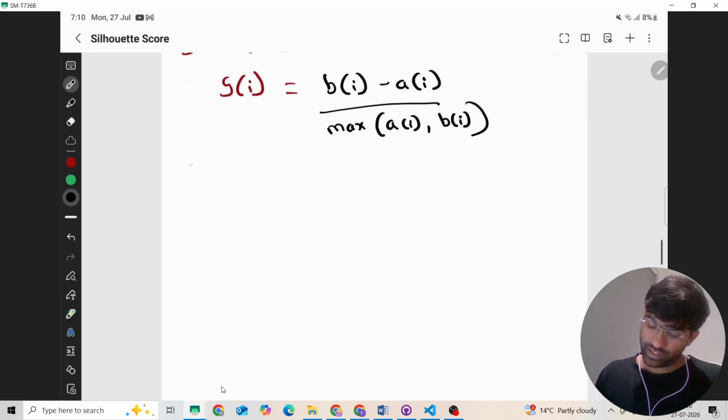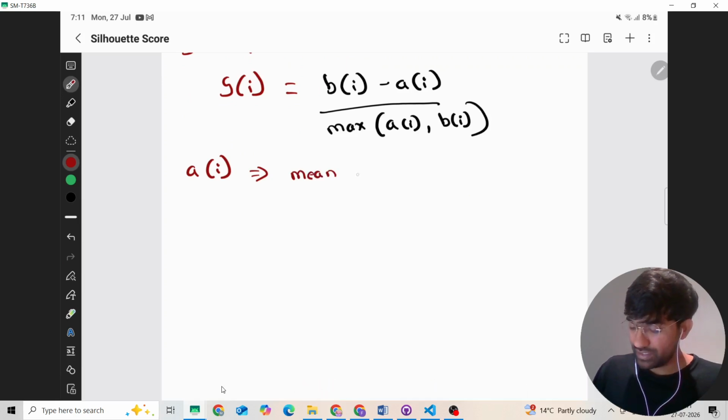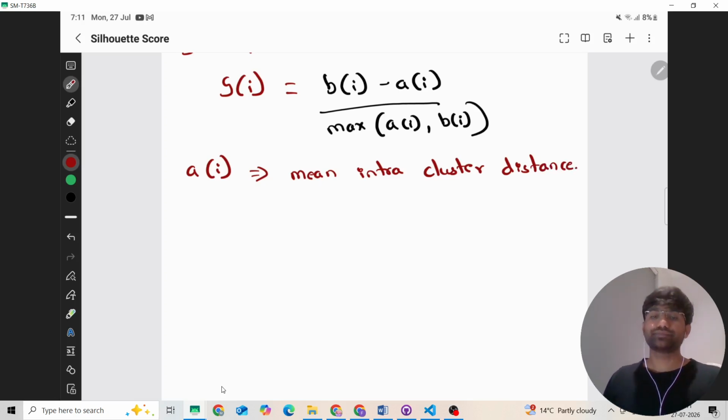So what is A of i here? A of i is the mean intra-cluster distance.